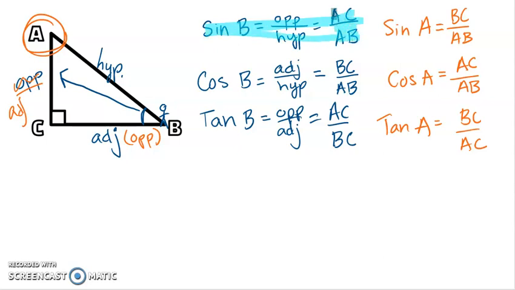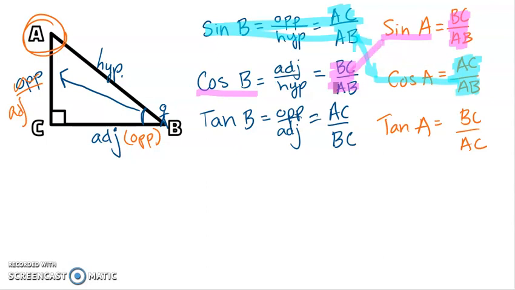So if you're looking at these here, you may notice, hopefully, that the sine of B here, this AC over AB, is the same as the cosine of the other angle. So those two are related. And then if you look at the sine and cosine in this direction, so cosine of B is BC over AB, and that's also what the sine of A is.